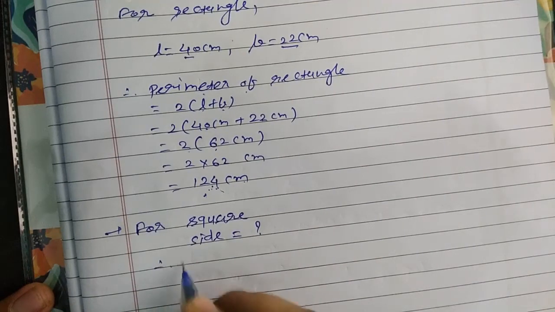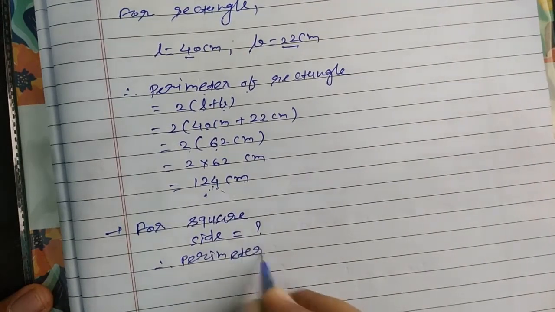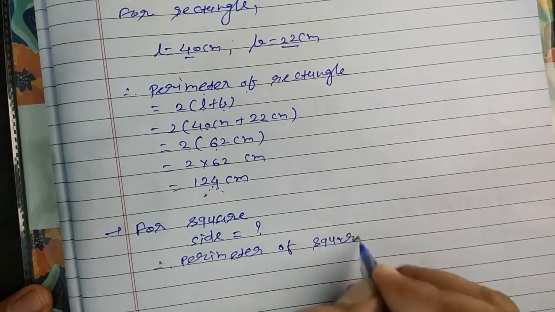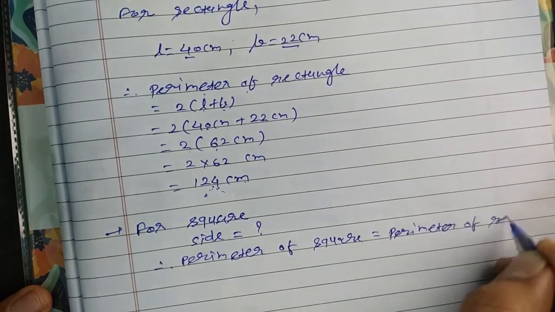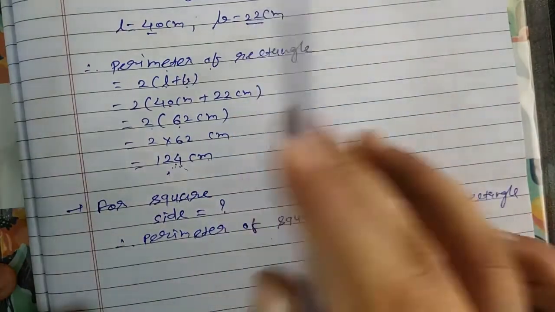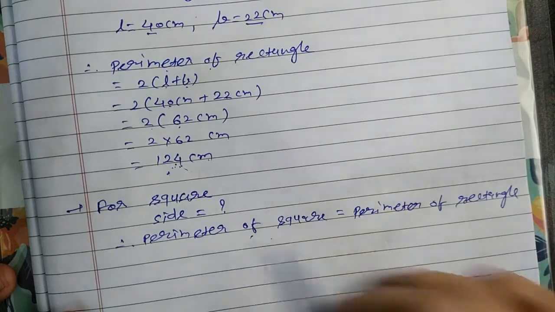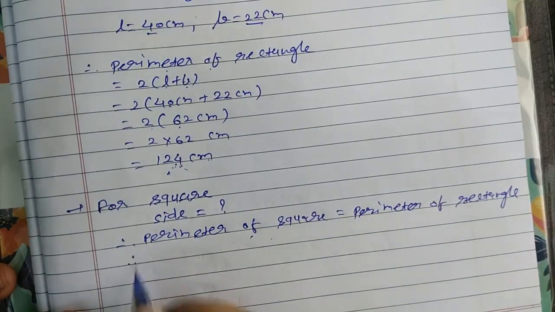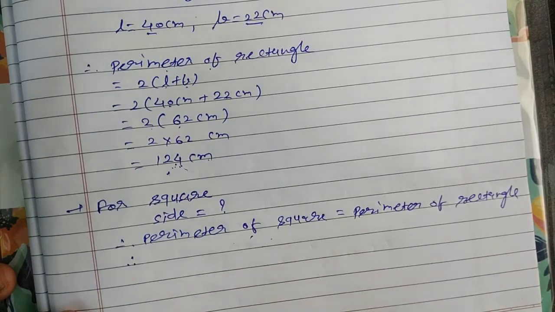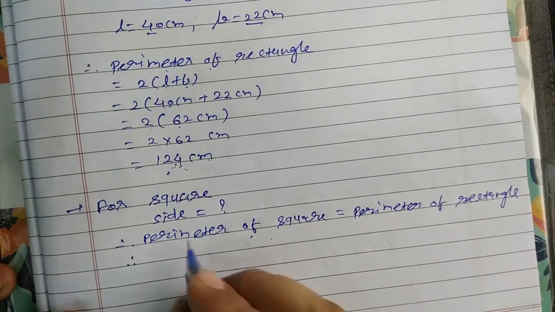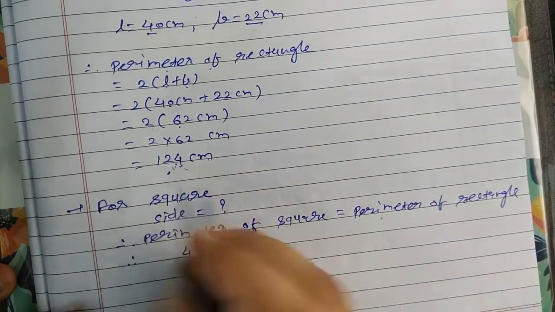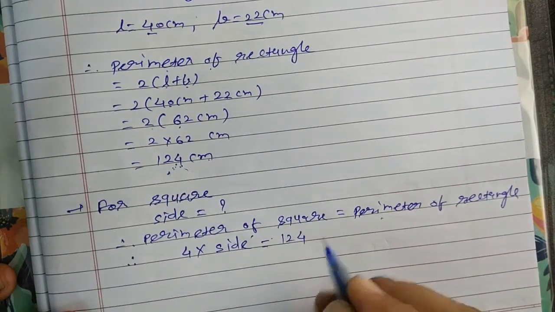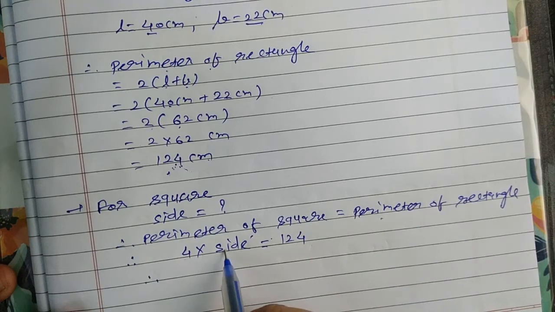From the information in the question, we can write that the perimeter of the square is equal to the perimeter of the rectangle. The perimeter of the square we don't know, so we use the formula 4 multiplied by side, that is equal to the perimeter of the rectangle which we have found, that is 124 centimeter. So here we have to find the length of the side.